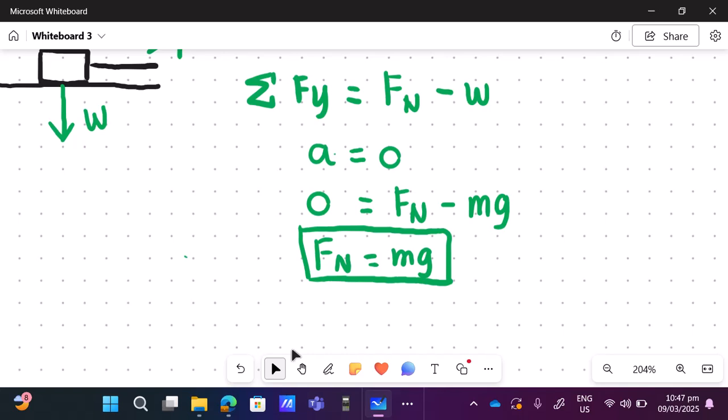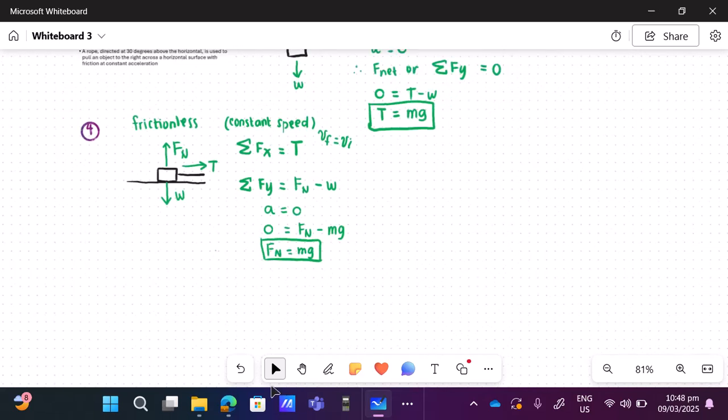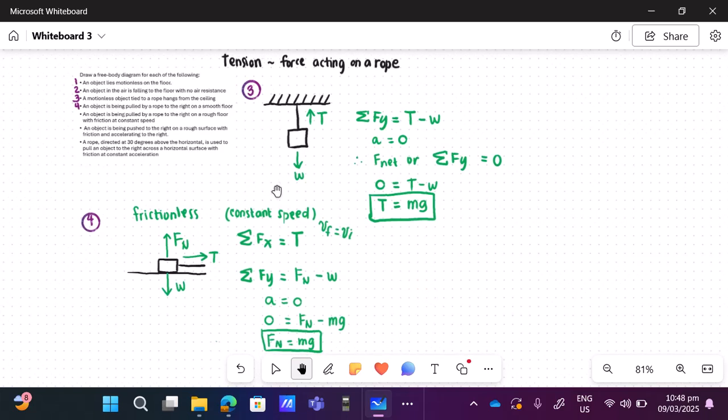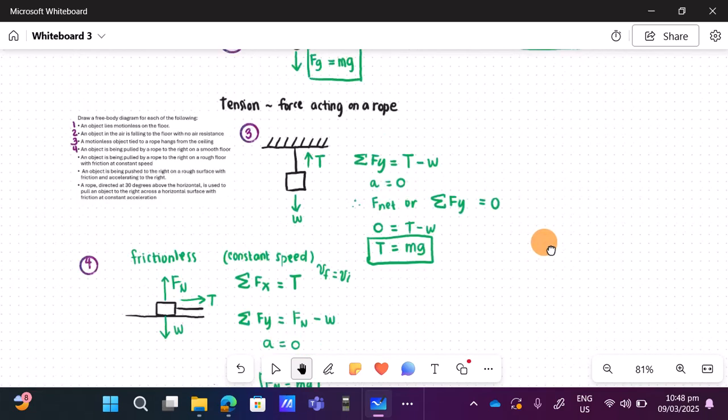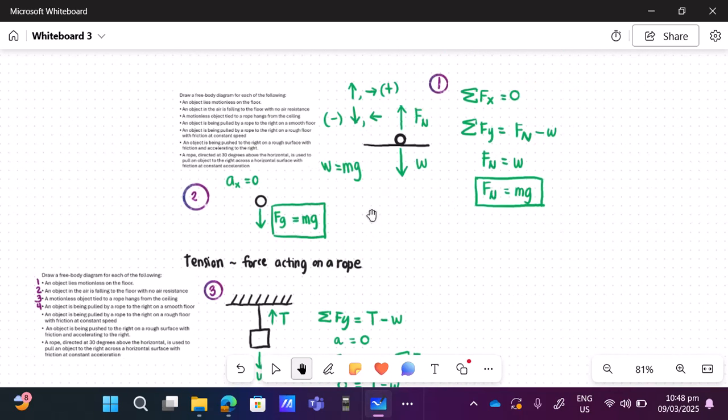Usually they are frictionless, so these examples involve frictionless surfaces. We have here tension, and then we have free fall, and of course at rest.